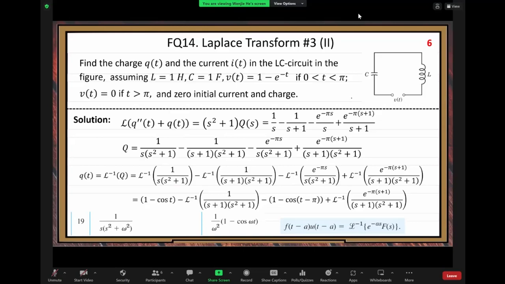The constant, after the shift operation, has no change, so you only do the shift operation on the variable t. Apply this formula and you get the third. Then for the second and fourth, you only need to do one thing: some shift. It may not be the pi shift, but some shift.